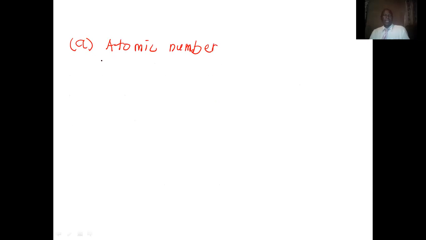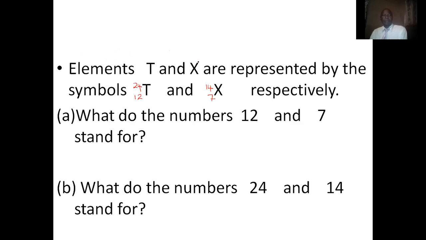So the atomic number is also the same as the number of protons in an element. It's the same really. So that is the representation of 12 and 7.